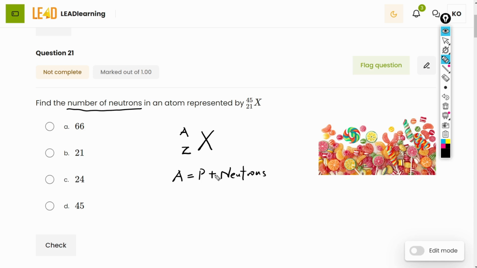So if we take this formula into consideration, it means our atomic mass 45 is equal to our proton number 21 plus our neutron number n.